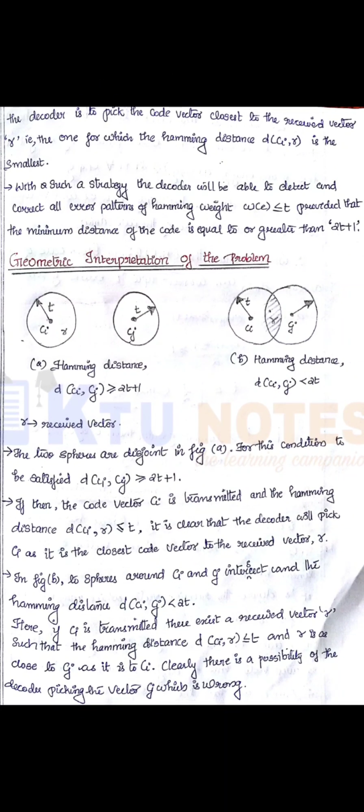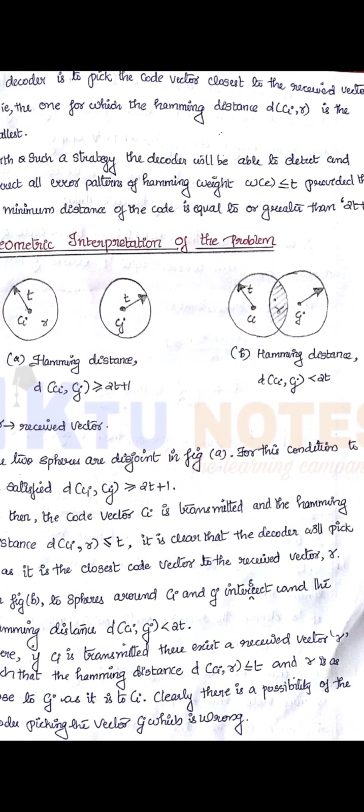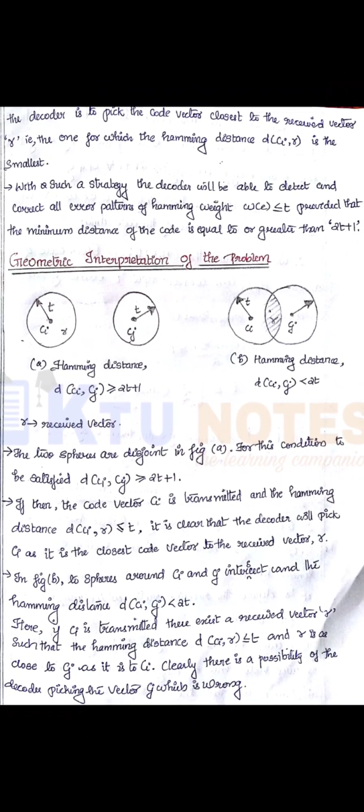Okay, so in figure B, the spheres Ci and Cj intersect and the Hamming distance is less than 2t. Here, if Ci is transmitted, there exists a received vector r that is as close to Cj as it is to Ci. So r is close to both Ci and Cj. Clearly, there is a probability of the decoder picking the vector Cj.